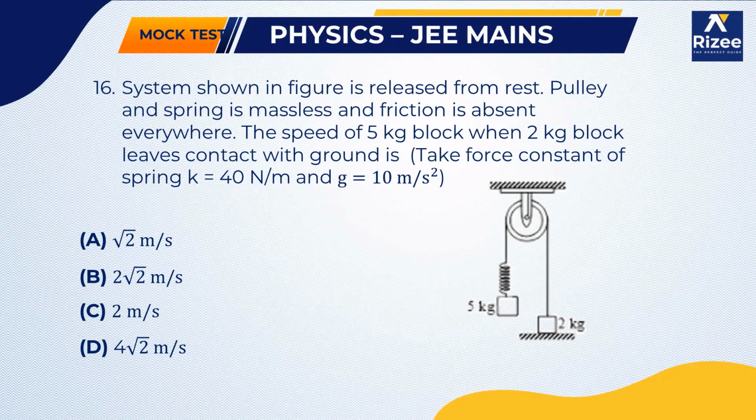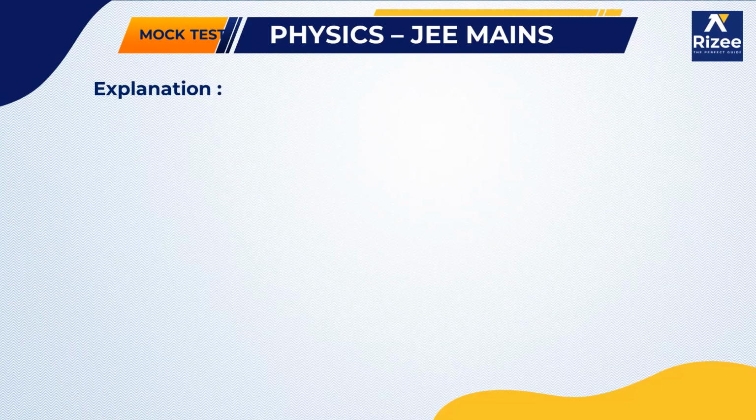So now coming to this particular thing, let me draw the diagram again here, please. So this is the given pulley here. On this side there is a spring connected to a 5 kg block.